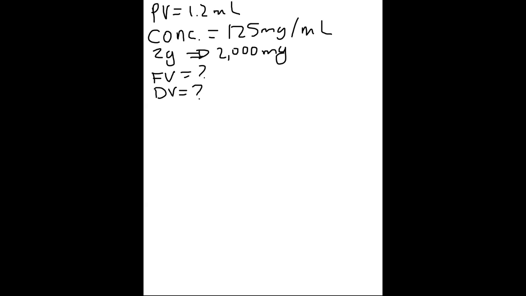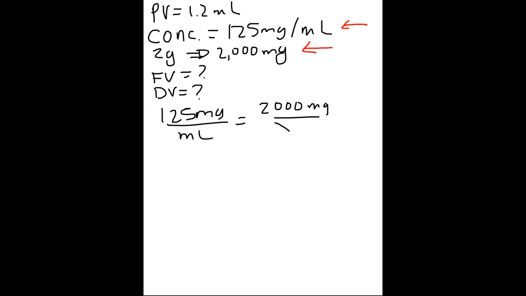In order to get the final volume, we're going to use our total grams and our concentration. So let's set it up. 125 milligrams over ml is equal to 2,000 milligrams over x mLs.